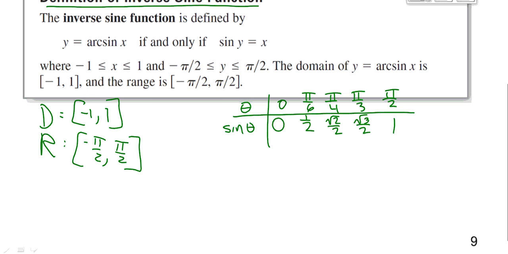Now this is going to be our y, and this is going to be our x. So the values that we start with are going to be those ratios, and then since we're just using arc sine right now, we'll look at that and find our reference angle from here, and then our actual angle from that table of values.